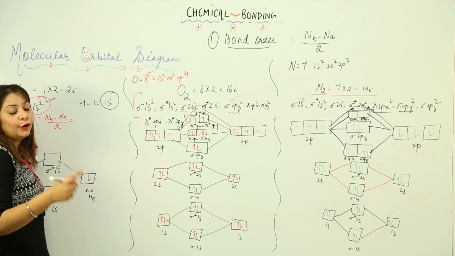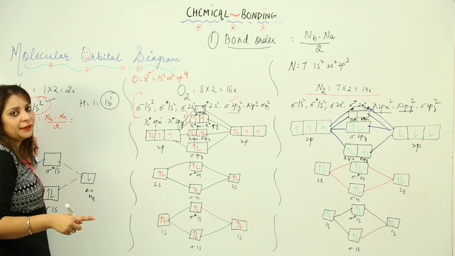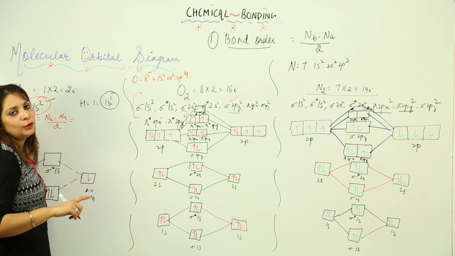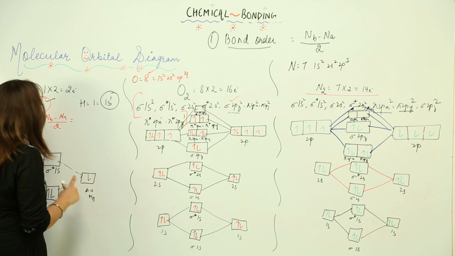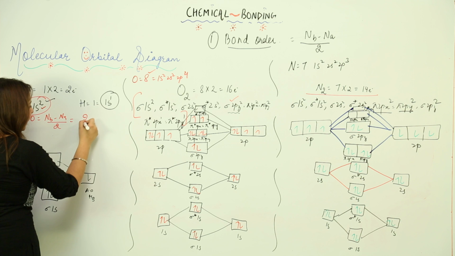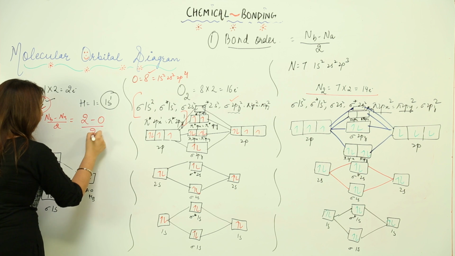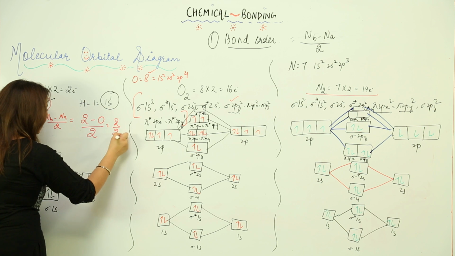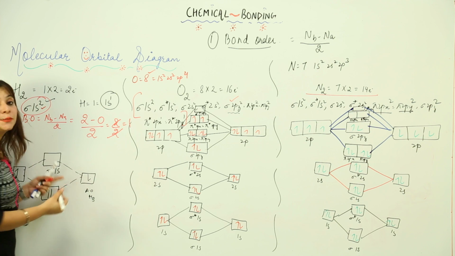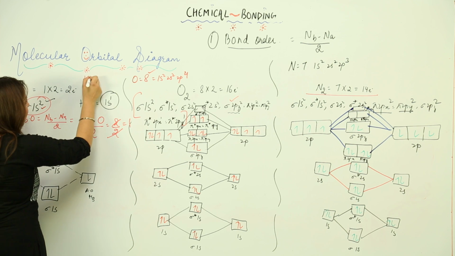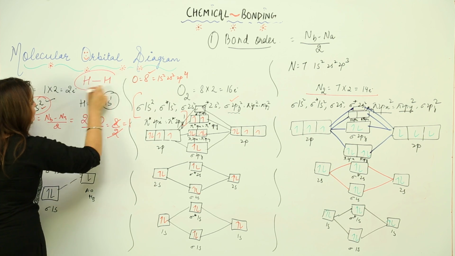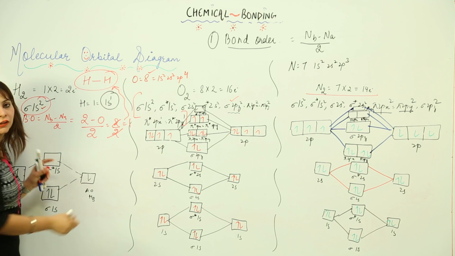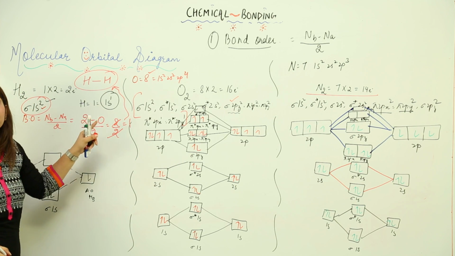By just looking at the configuration which you wrote for the molecular orbitals, you can calculate the bonding and the anti-bonding electrons. So how many bonding? 2. And anti-bonding? 0. You have to divide it by 2. So what result do you get? 1. And it's absolutely right, because when a hydrogen molecule forms, there is only a single bond. Right. So likewise, you need to calculate the bond order.